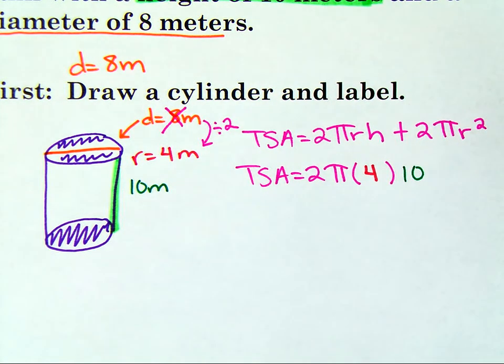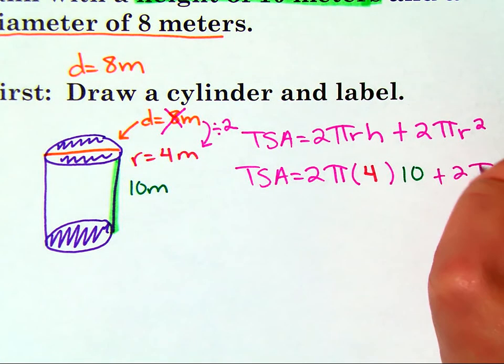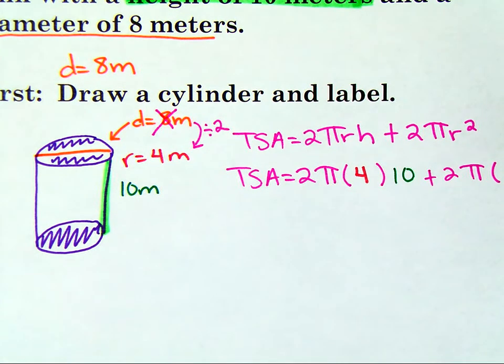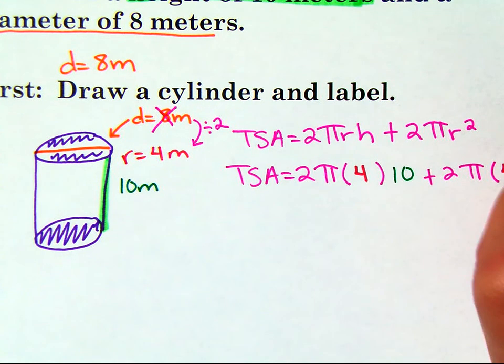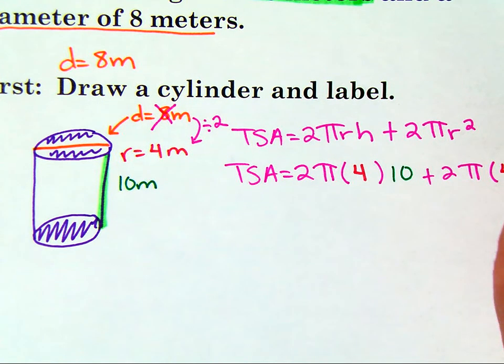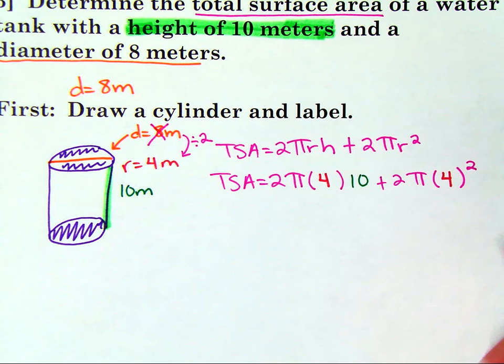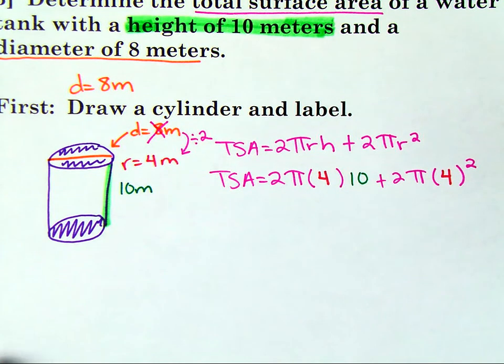And then we're going to say plus 2 pi. I know this red is really close to that pink, but that's my radius color, and this is just me showing my work. So 4 squared. And just like what we did in class, if you'd rather say pi times 4 times 4, so it helps you out, but if you want to keep using that exponent, just to help you out using that graphing calculator.